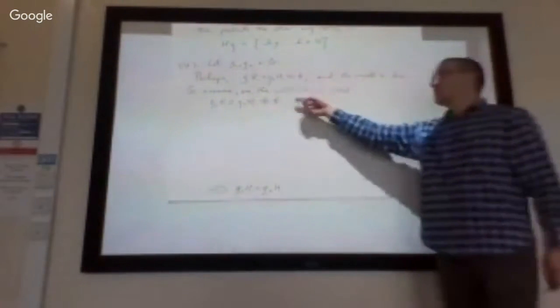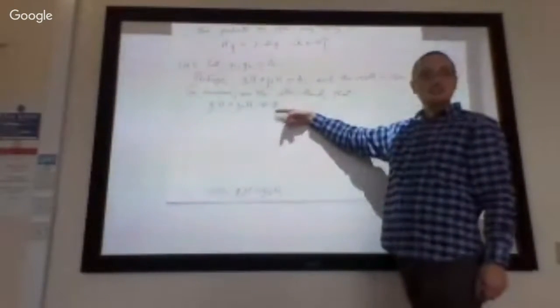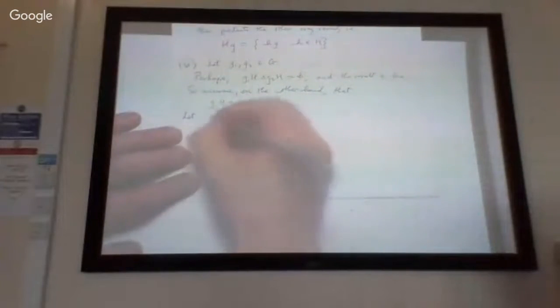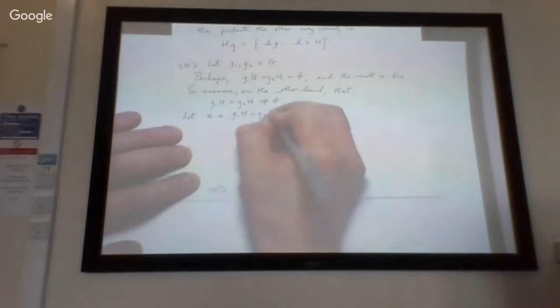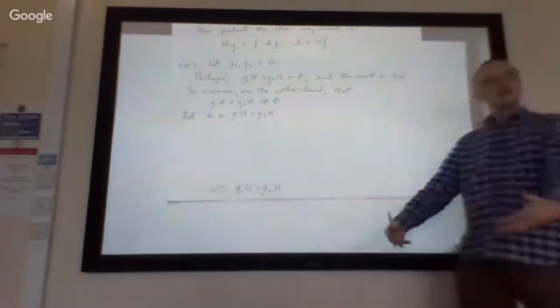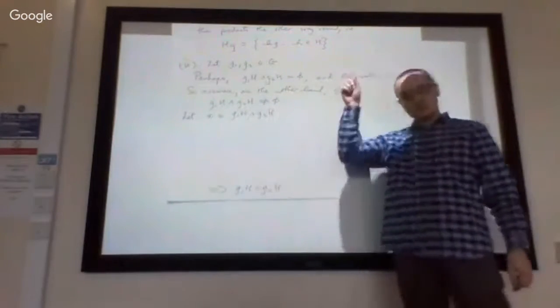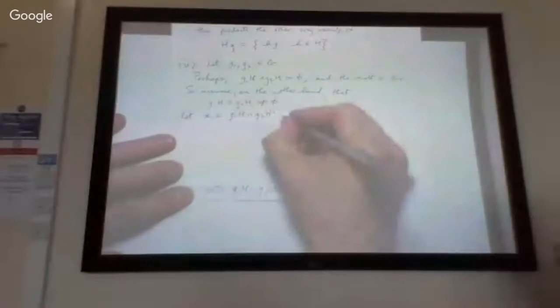Okay, well, the obvious way to roll this forward is to name one of the things that is in the intersection, because this is saying there is stuff in the intersection. So we can say let x be an element of the intersection G1H, G2H. And then that can be rolled forward immediately, using the definition of the left coset, which we've just gone to the trouble of defining a moment ago.